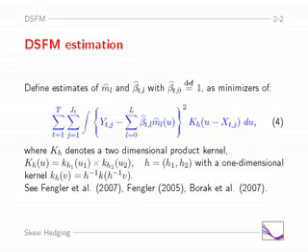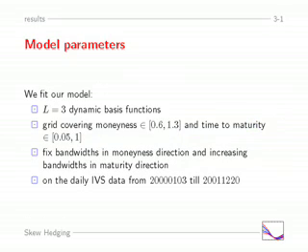Well, it was published in 2007, but first written in 2003, and it is also published in a book of Matthias in 2005. We estimate with three factor functions on some range of moneyness and maturity, and there's just a technical reason that in the maturity direction we took increasing bandwidths.